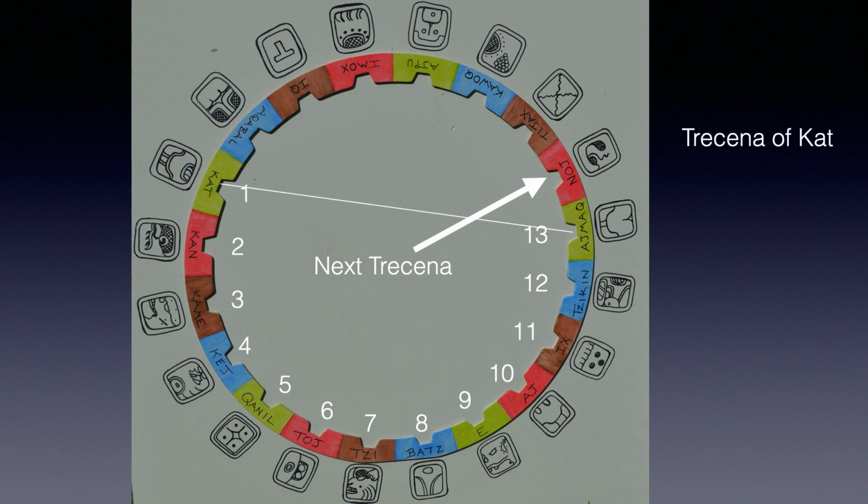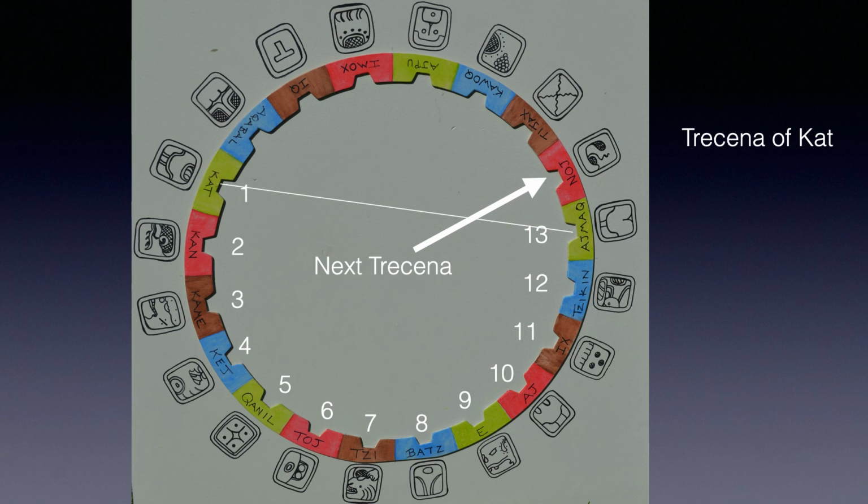and it would end on an element that is the same as the beginning of the Trecena, just by synchronization of nature, I suppose, but that's what they do. So each Trecena is not just the flavor of the day it begins on, but also the element that it begins on.